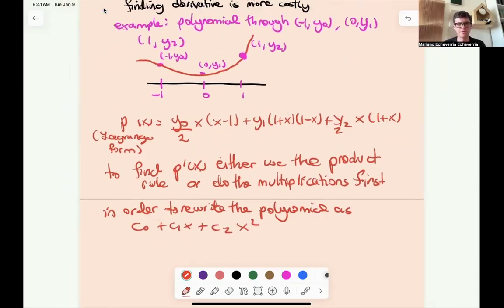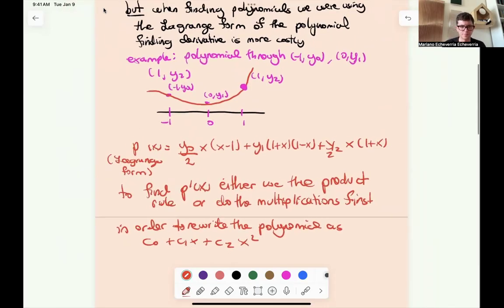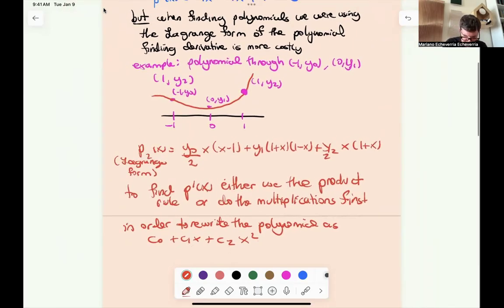In this case, it would be a quadratic polynomial, right? A degree 2 polynomial, because I gave you 3 points. Remember that the degree is one less than the number of points.